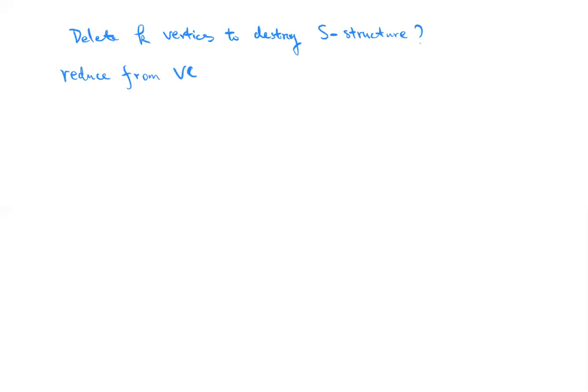For example, deleting k vertices to destroy a given type of structure, which I write as S. For this type of problem, typically we can reduce from vertex cover by so-called local replacement.